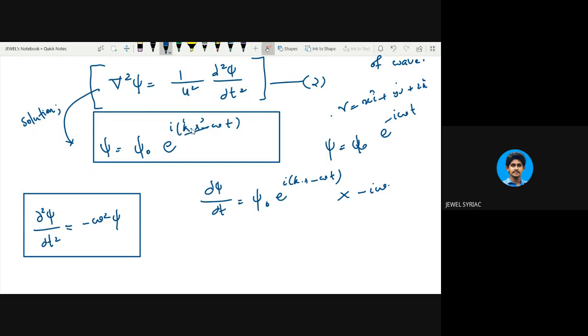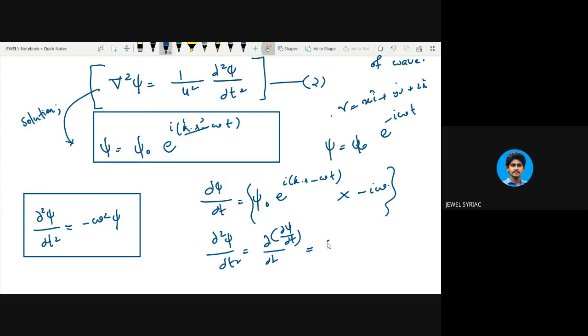This k·r is not dependent on time t, so we only get −iω. Similarly, ∂²ψ/∂t² = ∂/∂t of ∂ψ/∂t. That means we differentiate this whole function with respect to t.